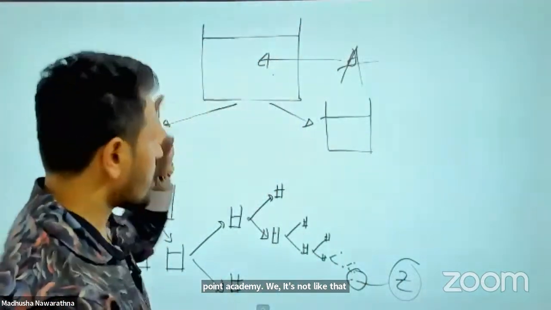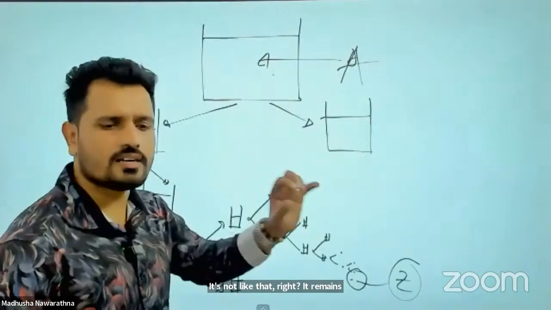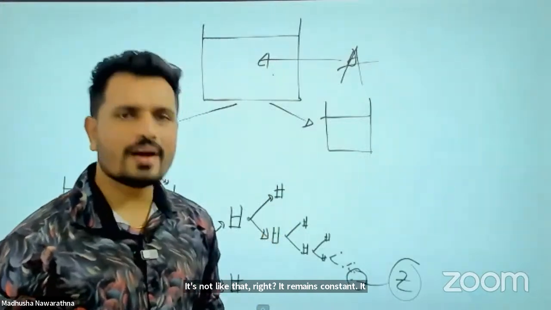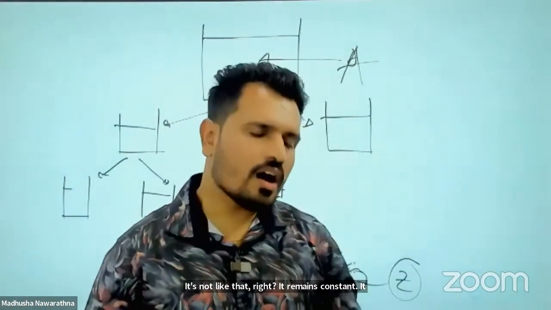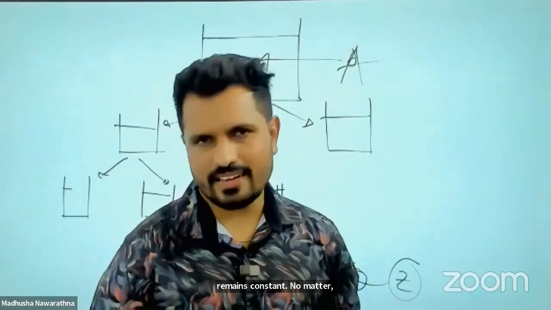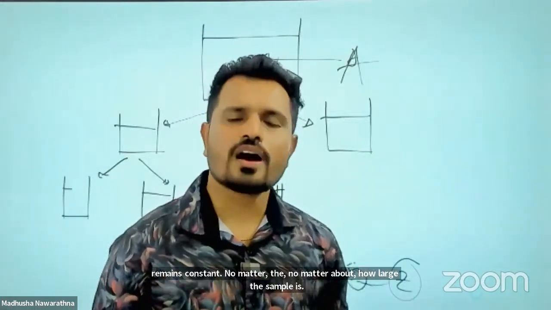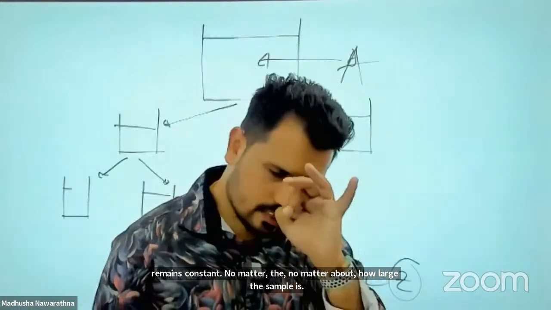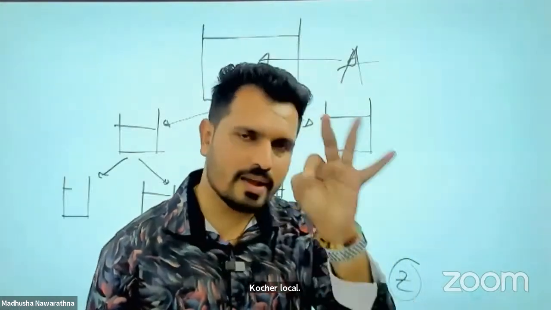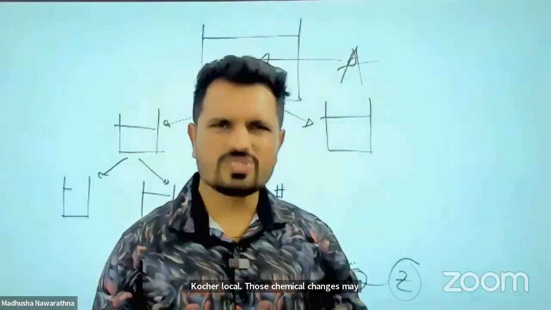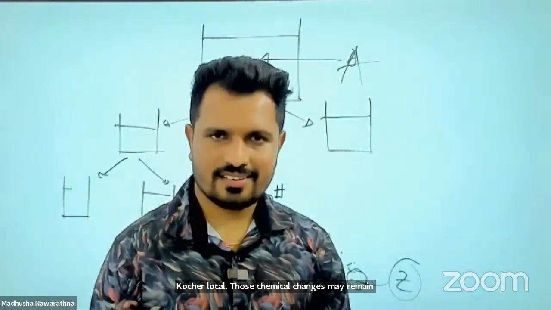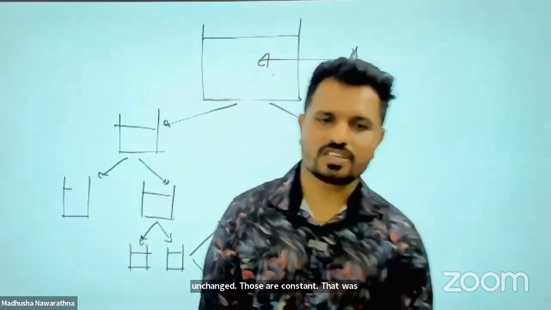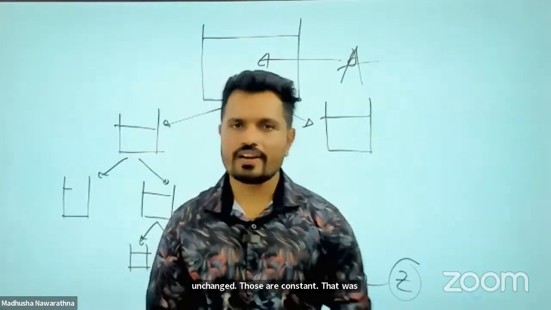It remains constant. No matter about how large the sample is. කොච්චර ලොකු sample එකක්ද කියන එක වැඩක් නැහැ. Those chemical changes may remain unchanged. Those are constant. Those properties are constant. වෙනස් වෙන්නේ නැහැ. ඒවා වෙනස් වෙන්නේ නැහැ.